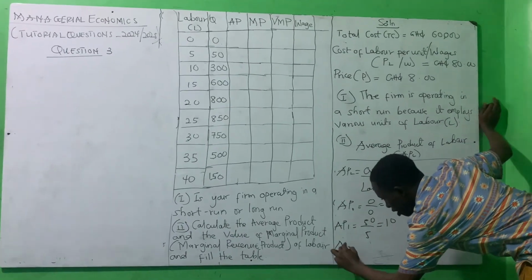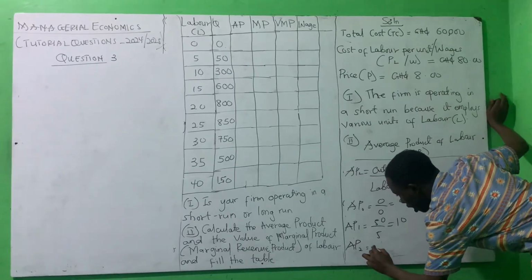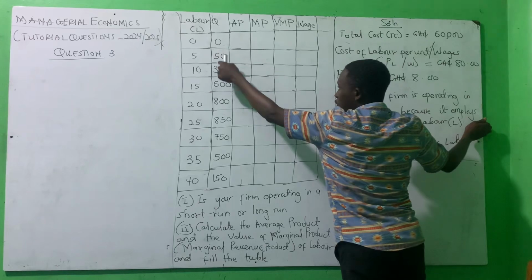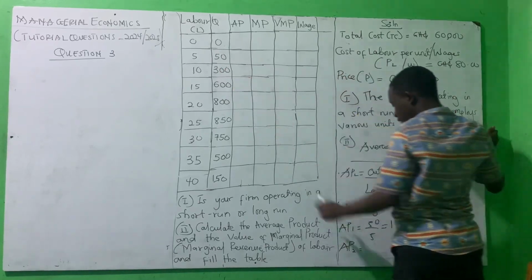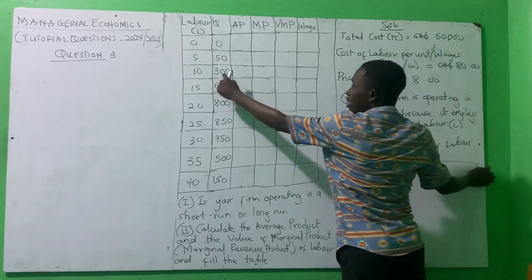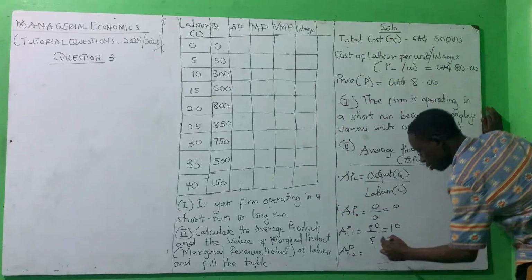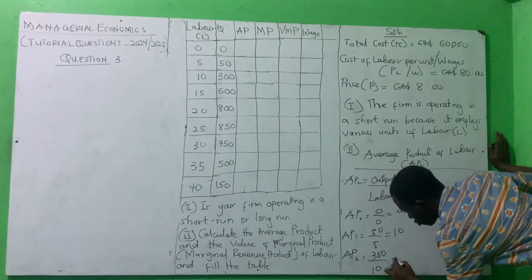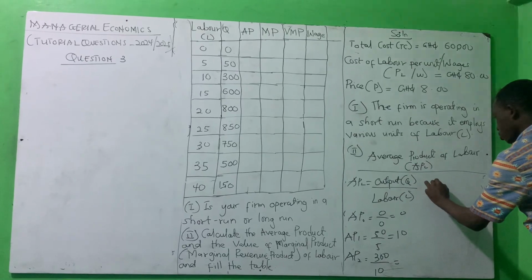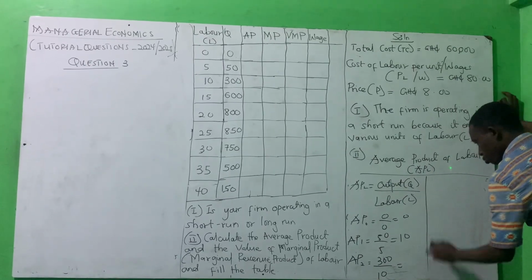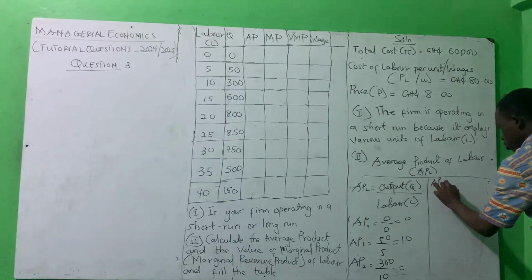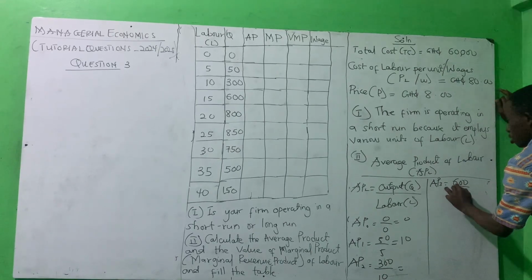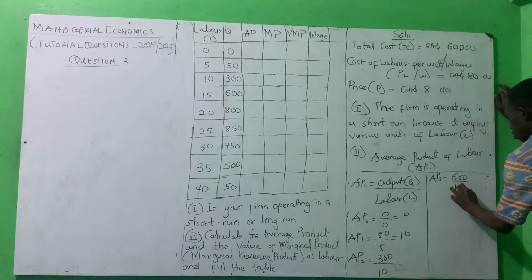Then the next one is average product 2. We've already done 50 divided by 5. We move to this side: 300 divided by 10. Then 600 divided by 15.